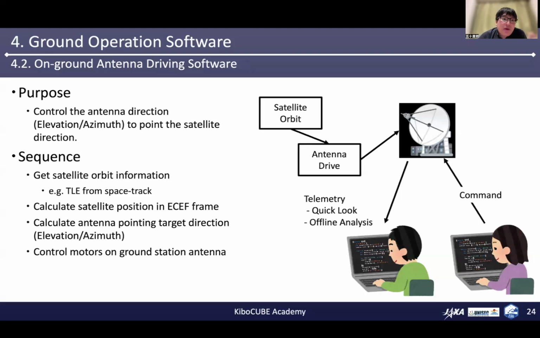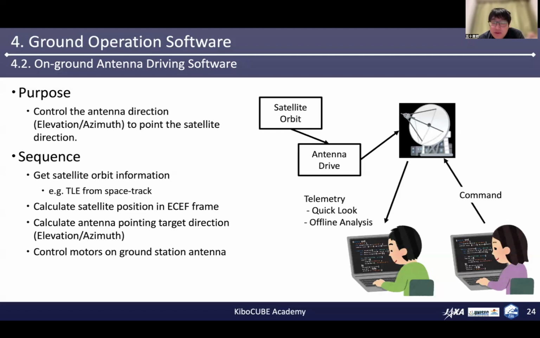The first one is the on-ground antenna driving software. The purpose of this software is to control the antenna direction, meaning the elevation and the azimuth, to point in the satellite direction. The normal sequence of this software is written here. First, we need to get the satellite orbit information.